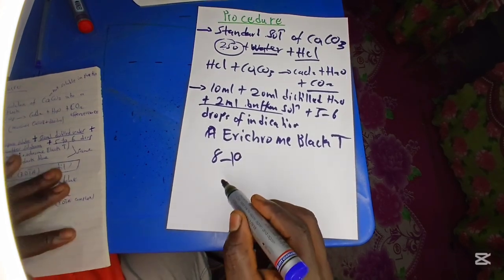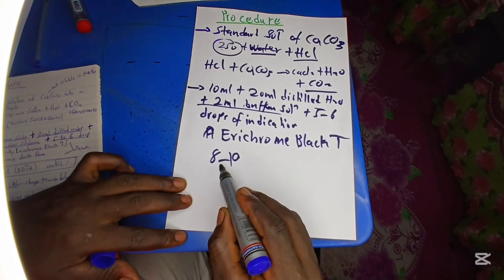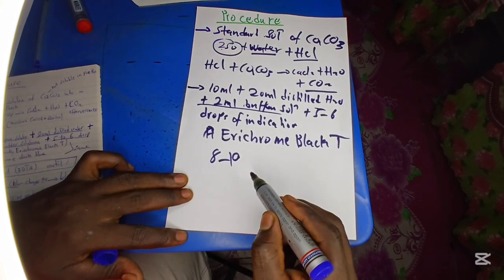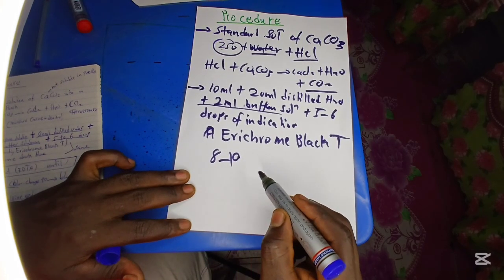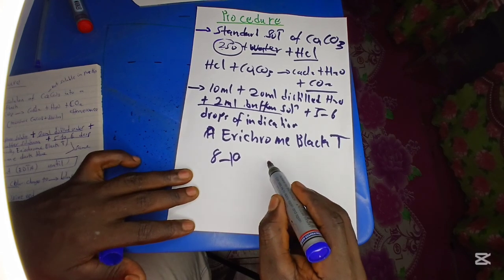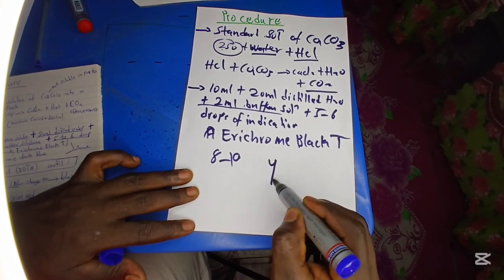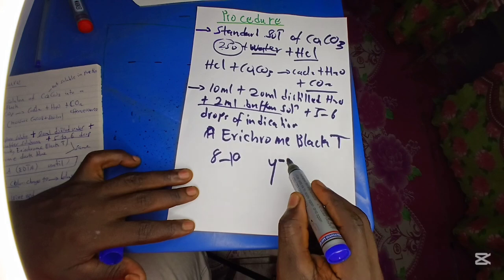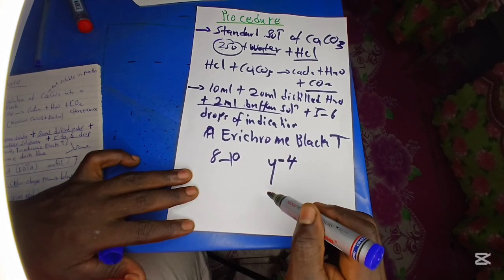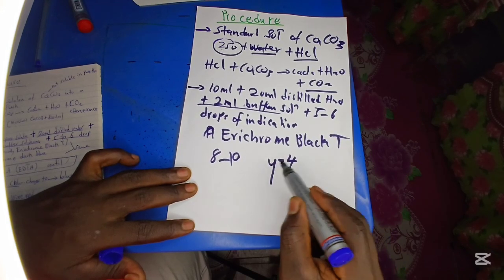Why? With a pH range of 8 to 10, we are going to get the more deprotonated form of EDTA. Let's say we represent our EDTA with Y, the fully deprotonated form of EDTA is Y4-.